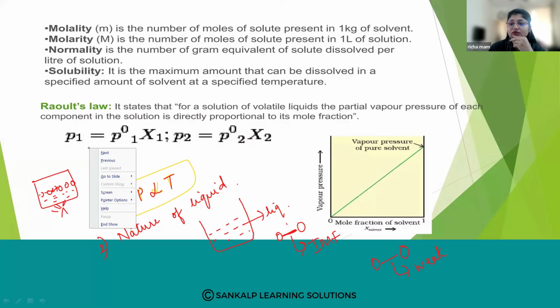So this is in the case of weak intermolecular forces. In the same way, with strong intermolecular forces, it is very difficult to break, and the number of vapors formed will be less. As a result, the vapor pressure exerted will be less. So the nature of the liquid also plays an important role.